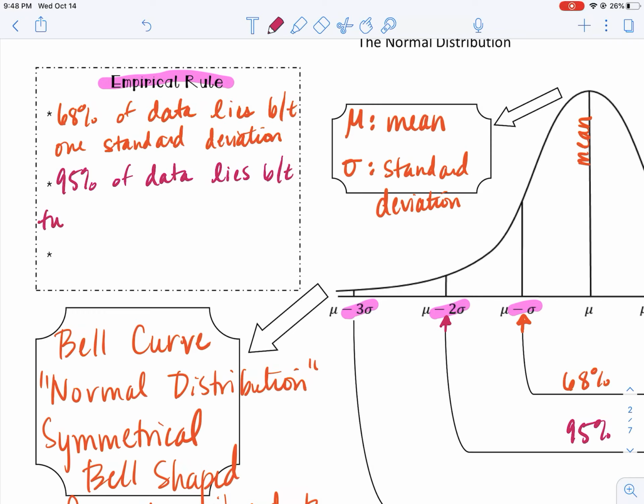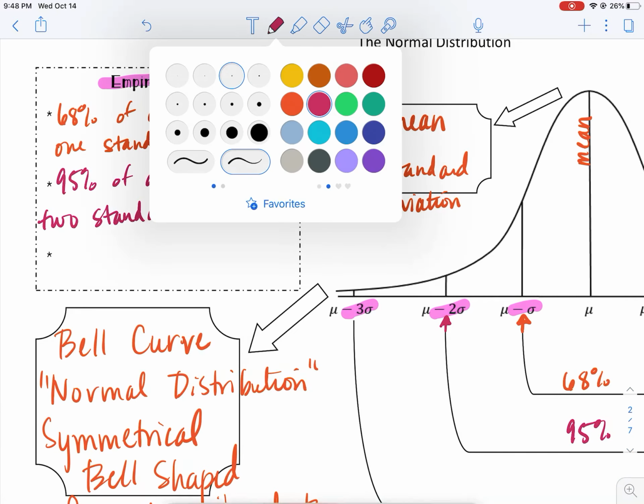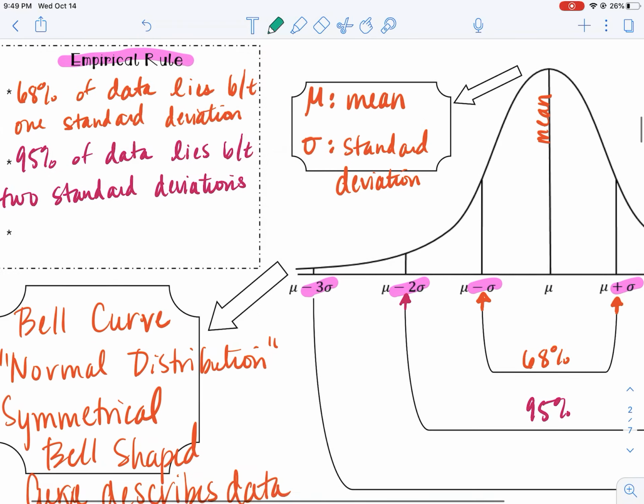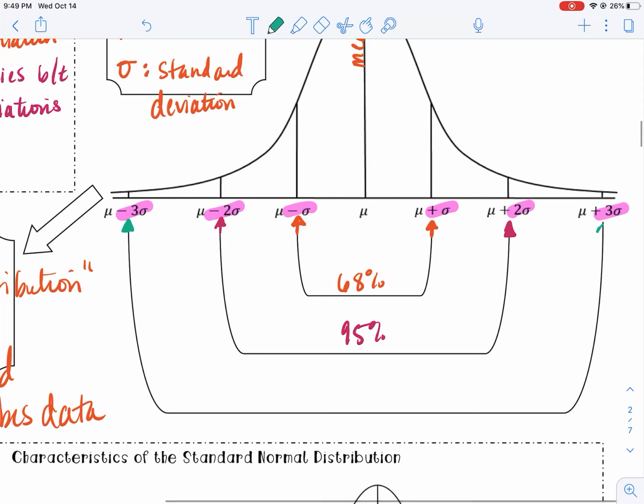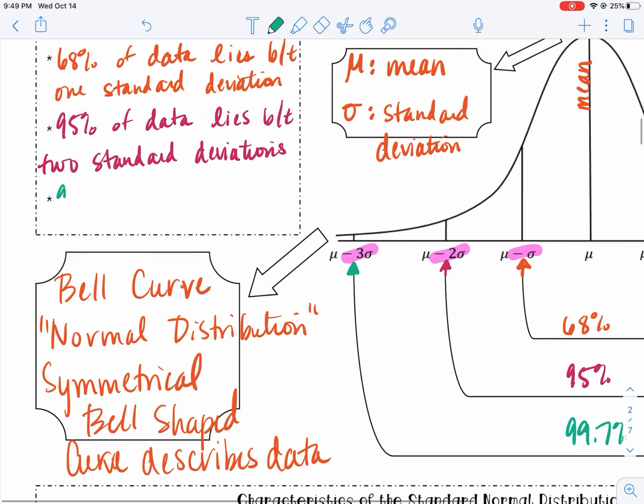So 95% of the data lies between two standard deviations. And the last is the three standard deviations, so lying between here and here, and that is 99.7% of data.